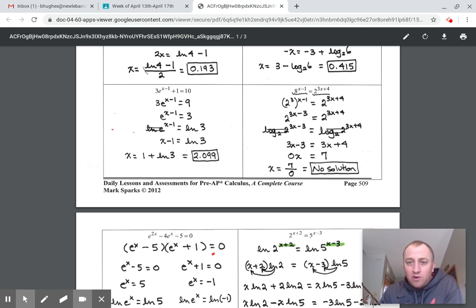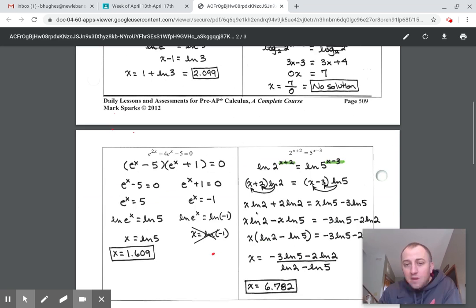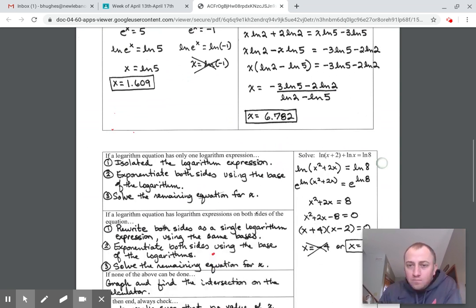So you could just drop the 2 immediately right there and set the exponents equal to each other. The reason why it's no solution is because the equation that's left, 3x minus 3 is equal to 3x plus 4. If I tried to subtract 3x from both sides, we would end up with 0x, and there's nothing left to solve for. And they're showing, divide both sides by 0. That's why it's no solution. So it is possible to get no solution.